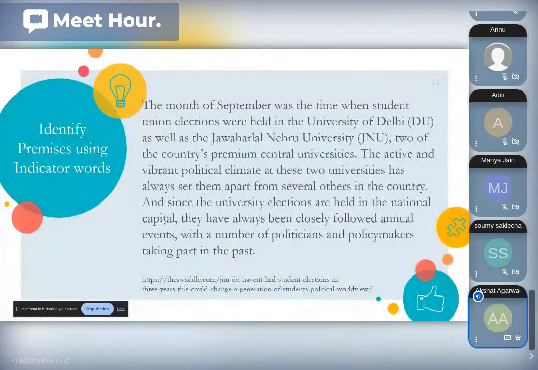Okay, so let's take a look at this passage. I'll give you some time to read this. There's a passage from the Swaddle.